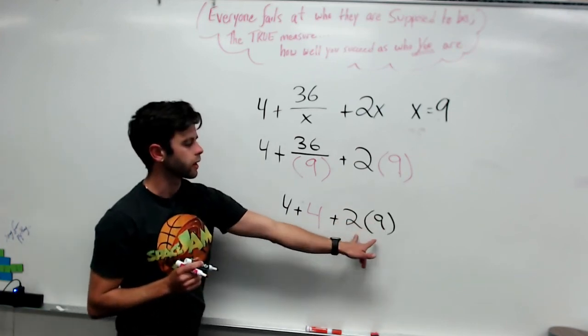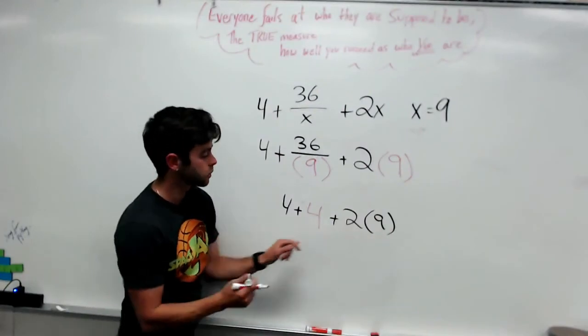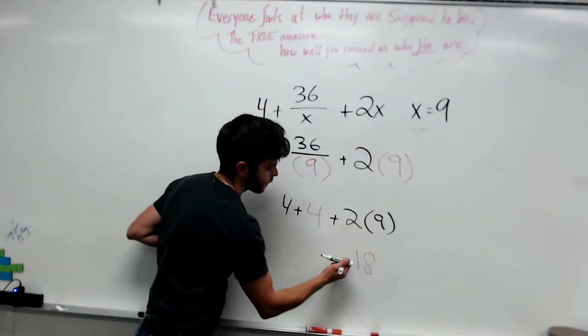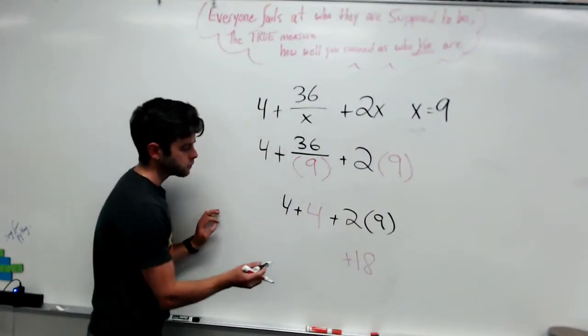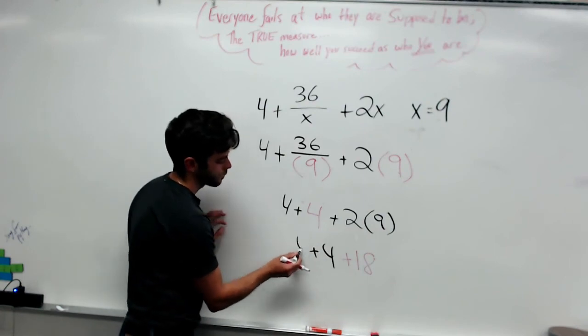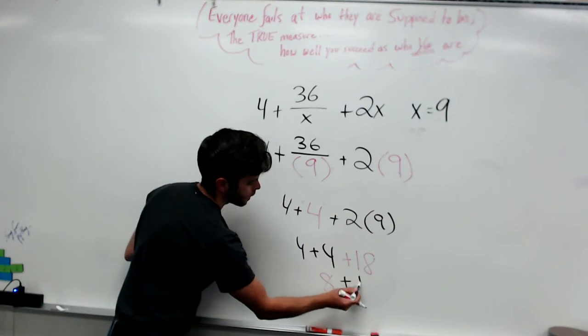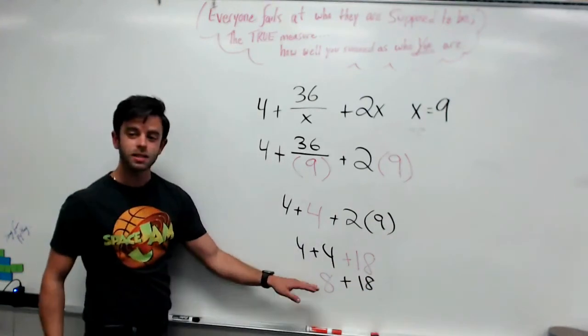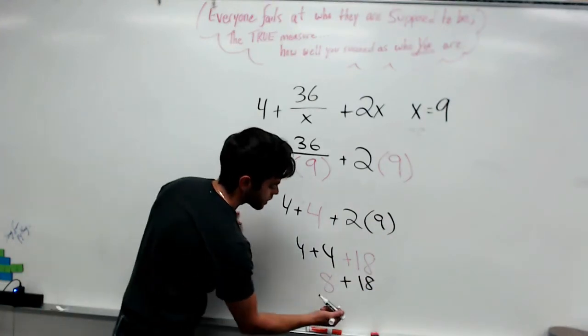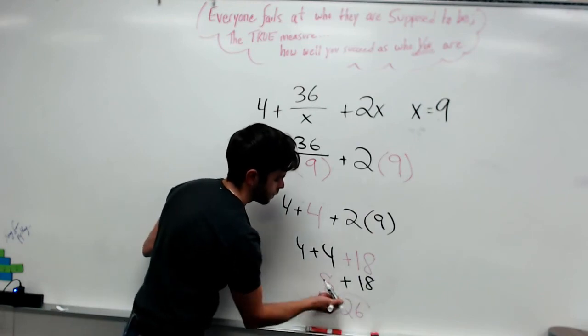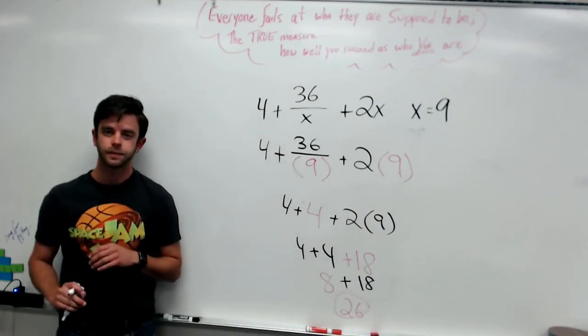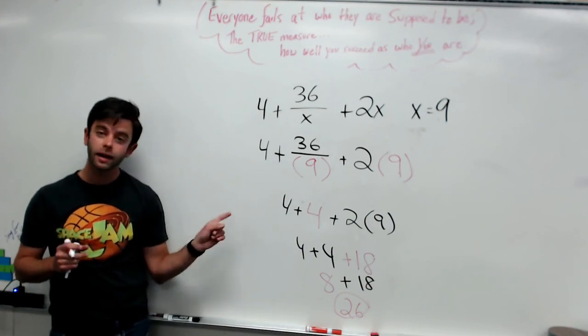I'm going to still multiply out that 2 times 9, which is positive 18. Bring down everything else. 4 plus 4 is 8 plus 18. And then 8 plus 18 is 26.